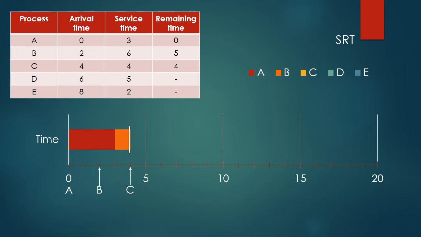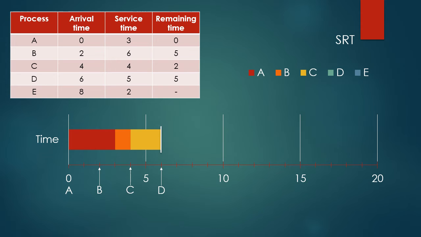Yes, B started executing at time instant 3, but C arrived into the system at time instant 4. When C arrived, the remaining units of B were 5 and the remaining units of C were 4. Since C had lesser remaining time, the dispatcher gave the processor to C.